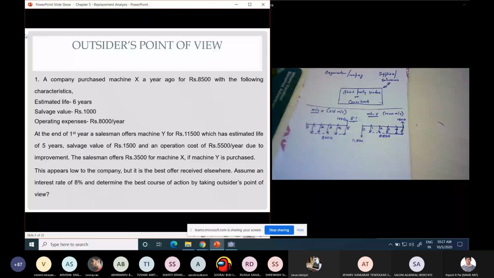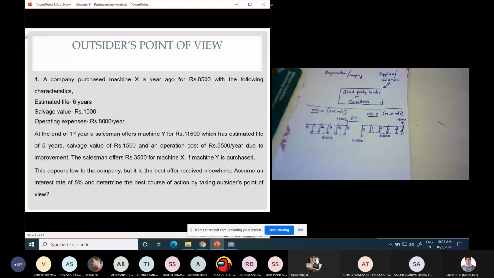You just come back to the first sentence of the question. A company purchased machine X a year ago. That means last year it was purchased, and at that time it had a service life of 6 years.